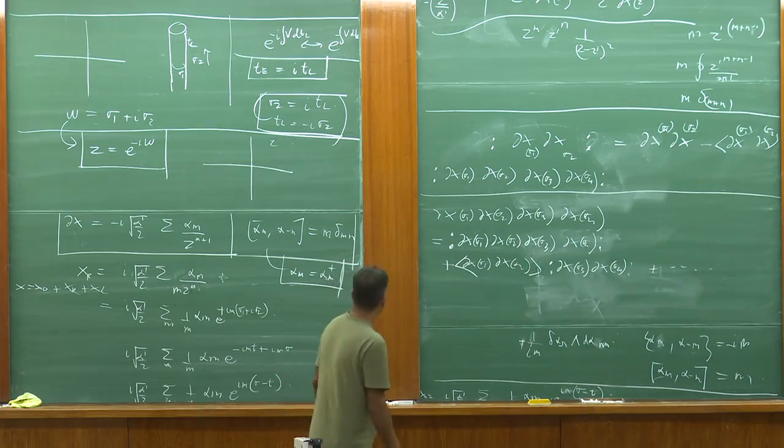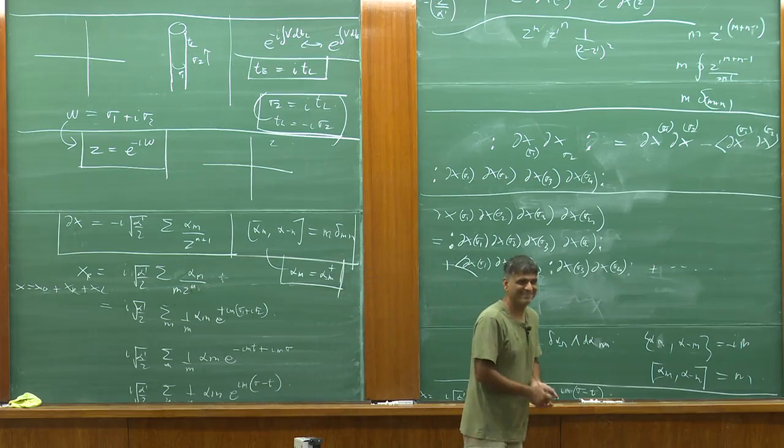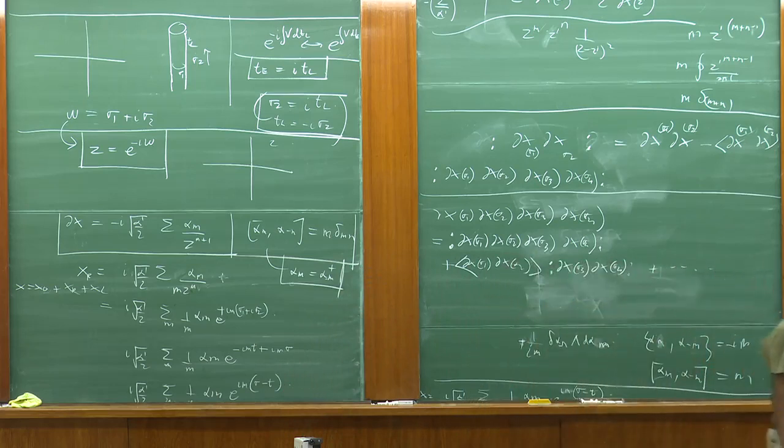Is it 3 other? 4C2, so 5 other terms. You choose all possible pairs.